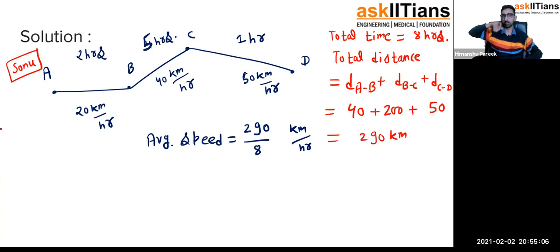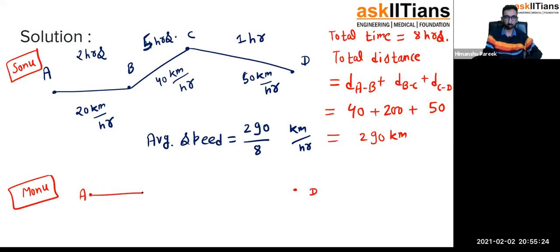So Sonu goes with a bike. Now there is another guy, Monu. He also wanted to go from A to D. Imagine that this is the only way possible. There is no other path possible. B, C, D.